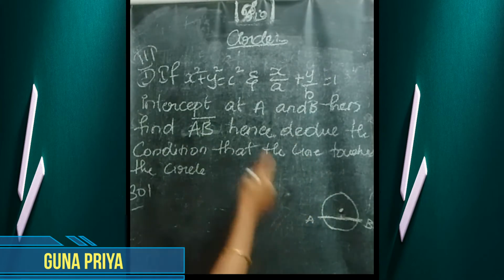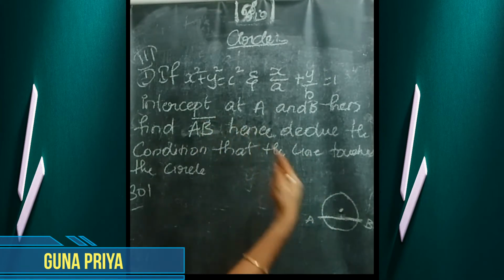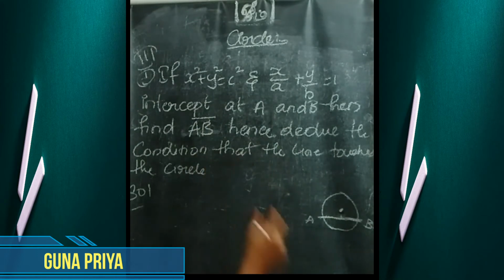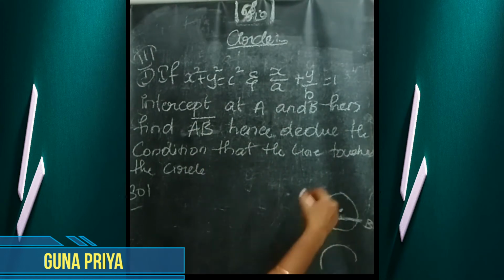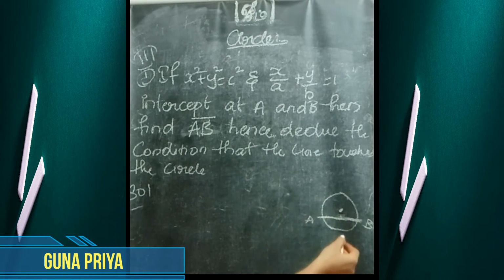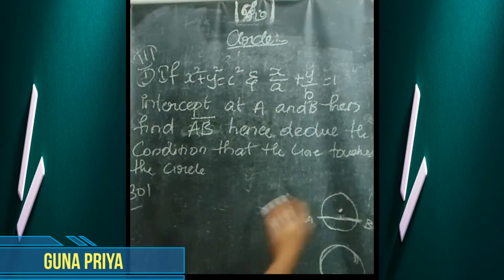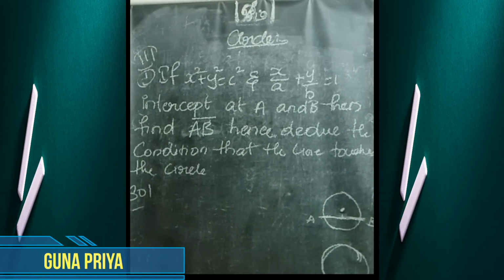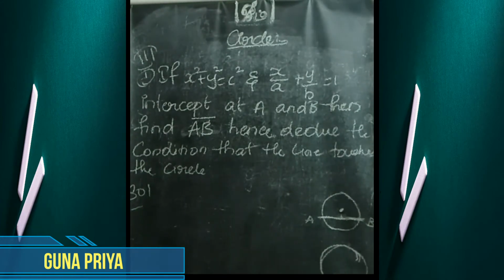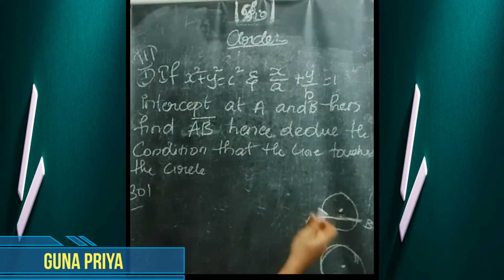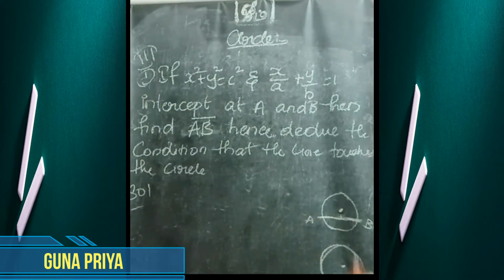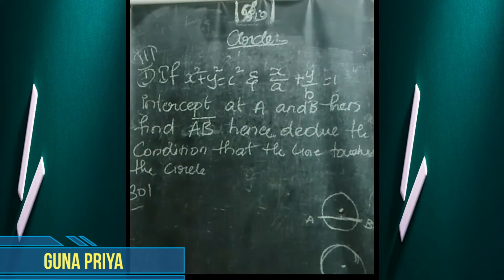Then, after finding AB, hence deduce the condition that the line touches the circle. First we have to find this, then by deducing from AB we have to show that the line touches the circle.